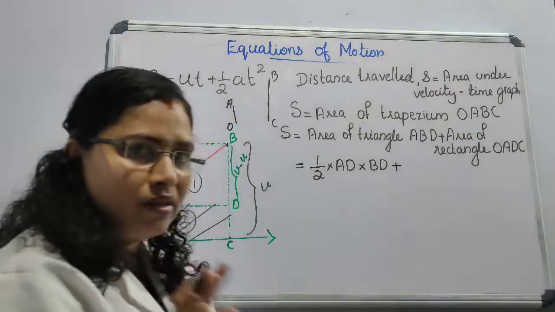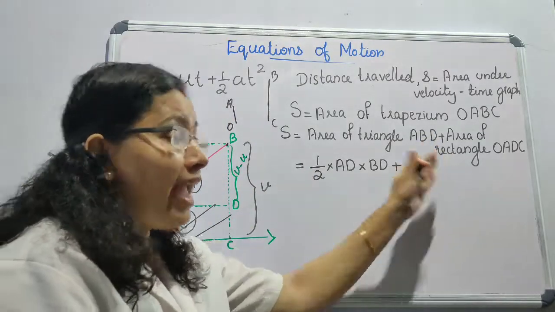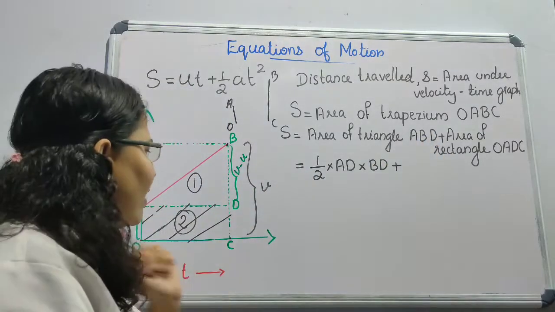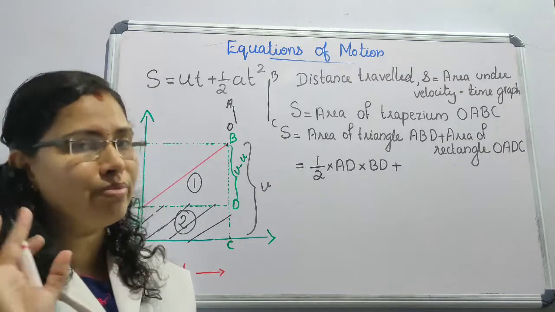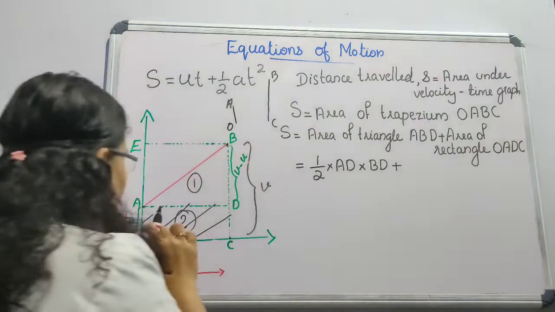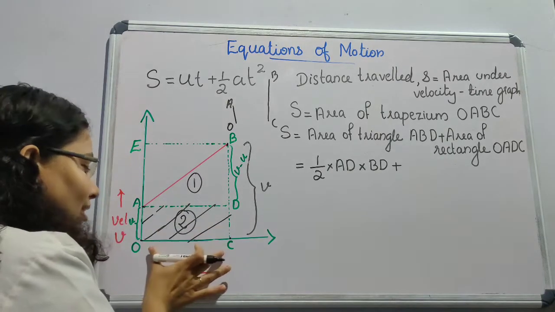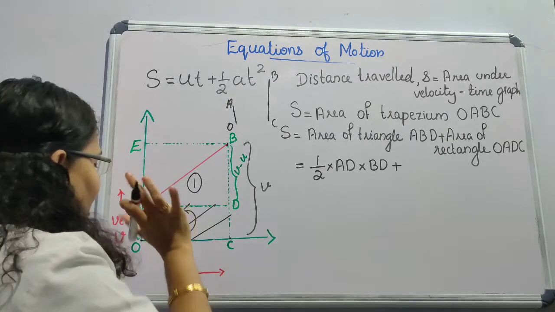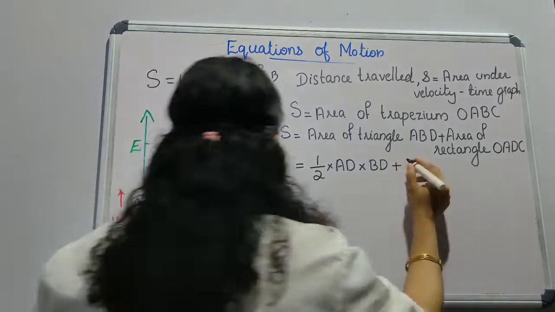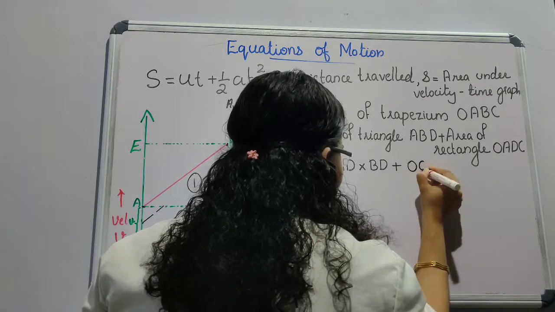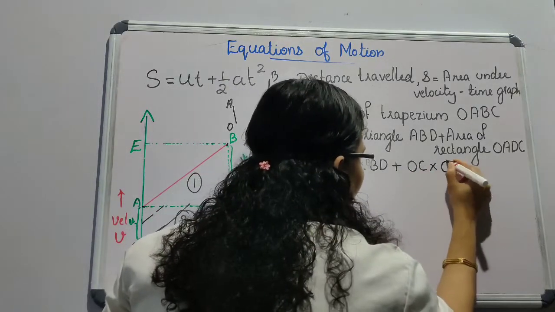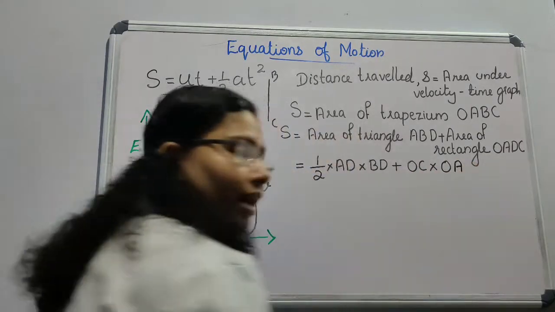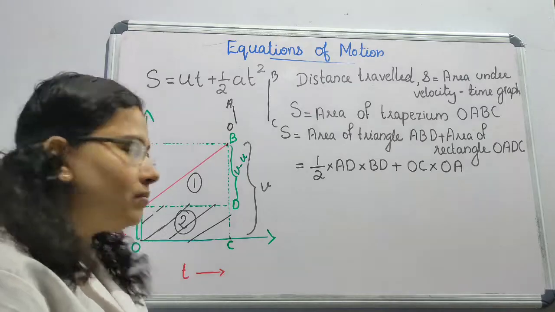Plus, now the area of a rectangle, which is very simple: length into breadth. Here the length is OC and the breadth is OA, so OC into OA.